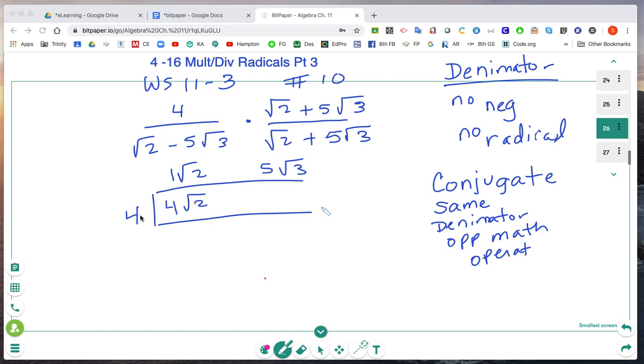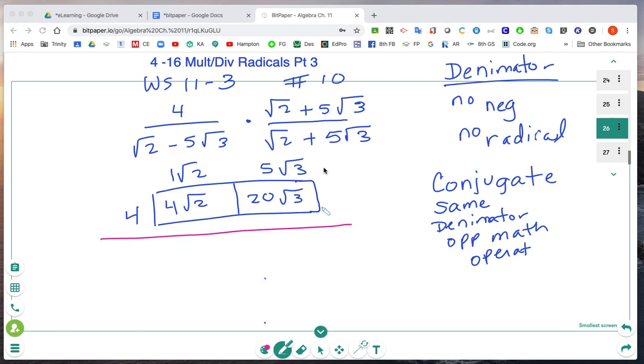If I had a square root here, then I would be multiplying that as well. I'm going to take 5 times 4, which is 20, square roots of 3. So again, I have radicals when I'm multiplying, so I'm going to box. That is in my numerator.